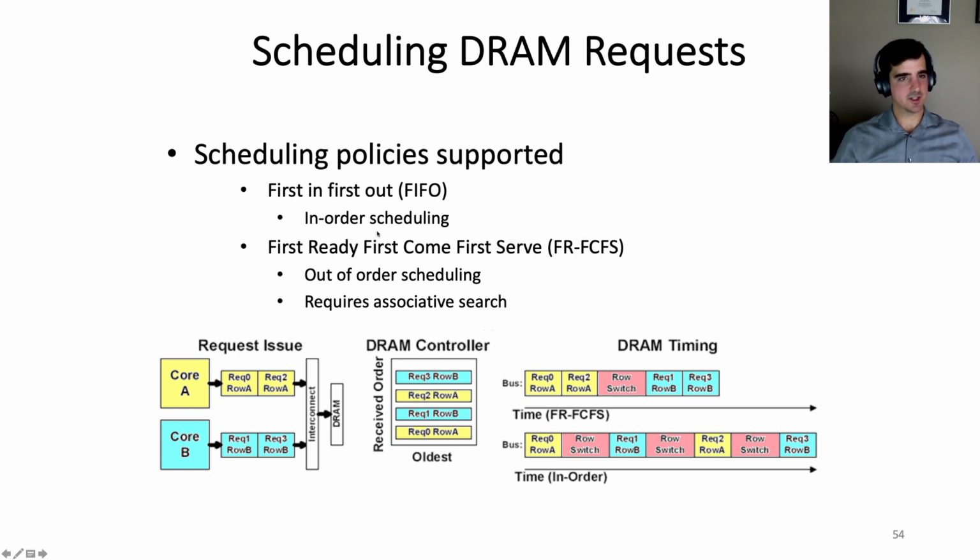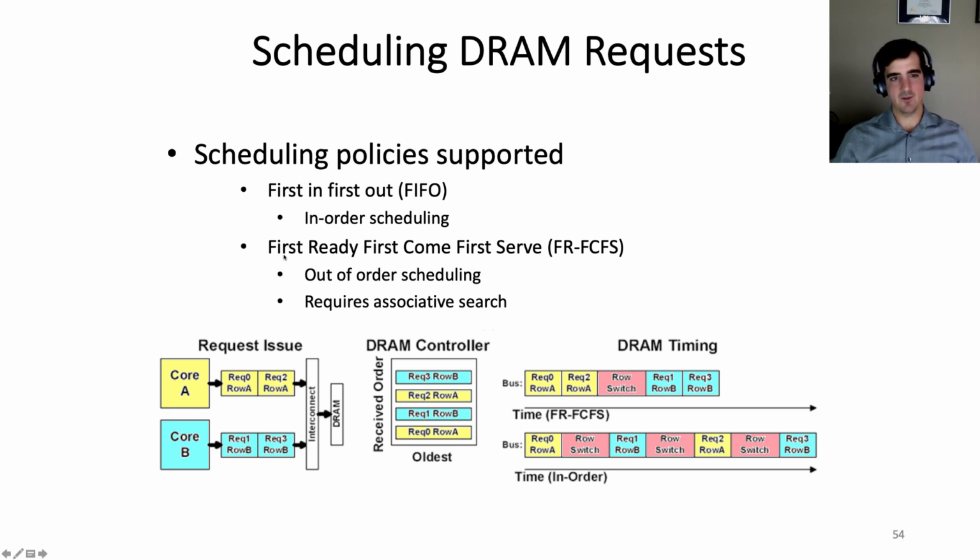Now, if you have just a simple FIFO scheduler, you're going to have something like this, where you access row A, then you have to switch the rows, so you miss in the row buffer, and that has overheads associated with it. Then you access row B, then you have to switch again to go back to row A, and you essentially ping pong between the two, and it vastly affects your memory access latency.